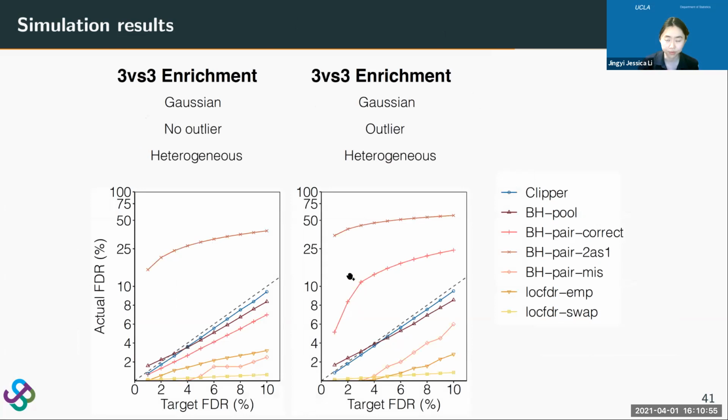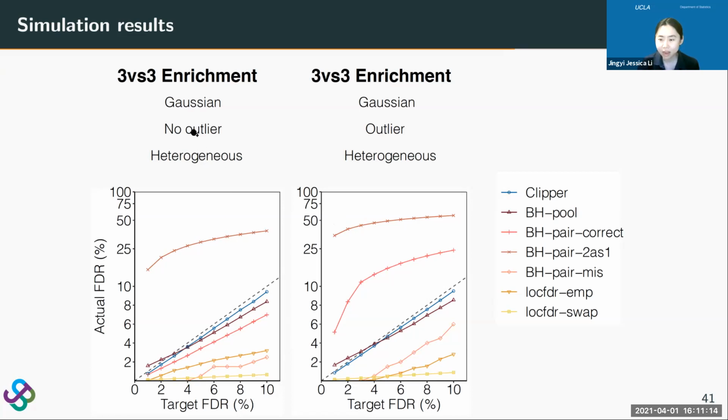Now 3 versus 3. Here we consider a case with outliers, which means that for the 3 replicates, we randomly add some number not from the same distribution as the 2 other measurements. So in this case, we can see that again, 2S1 is totally off.